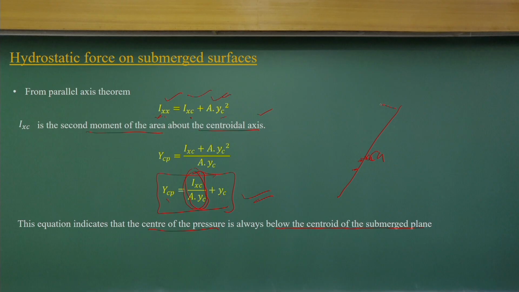And if you look at the pressure distribution, with linearly increasing pressure, the resultant force will definitely not act at the CG. It will act below that, to make equal proportions of the area on both sides. That is what happens, just below it. So graphically you can understand it, and mathematically also we can see with the integrations that YCP will be this component plus YC.